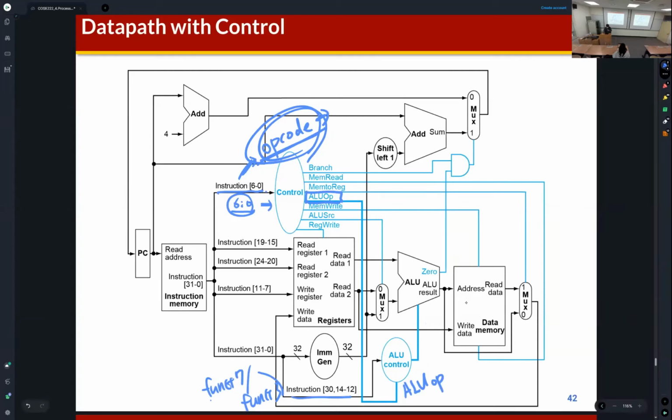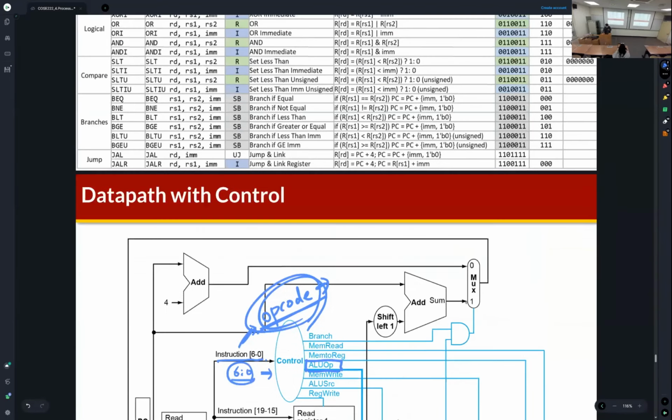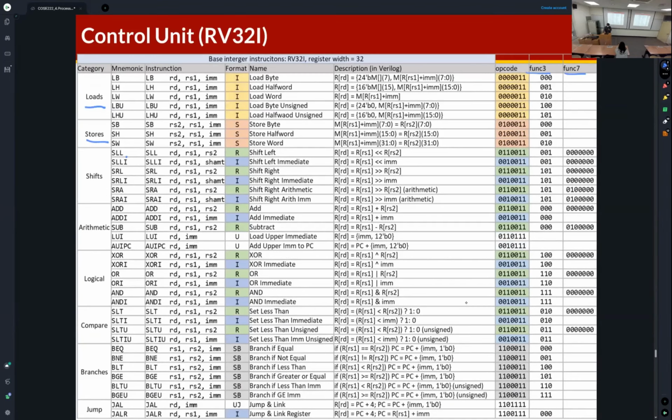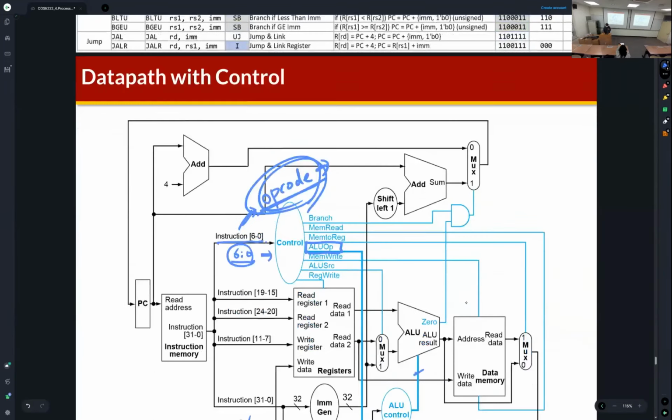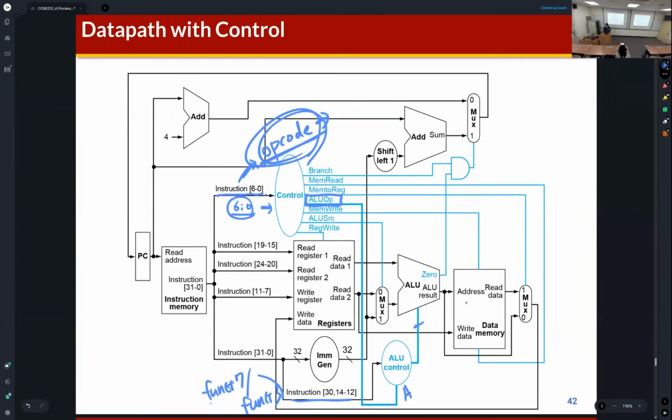ALU control signals can be generated like this. But actually, if you understand the RISC-V instruction format, then you can easily determine which control signals are required for the target instruction.